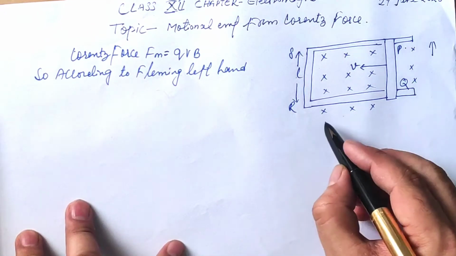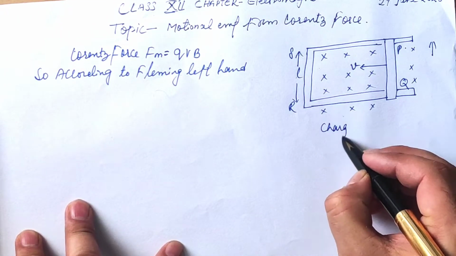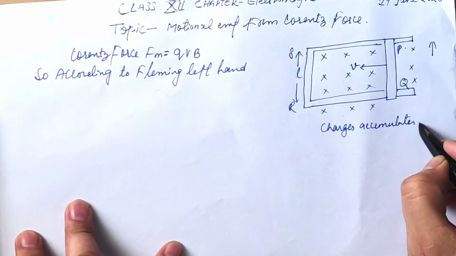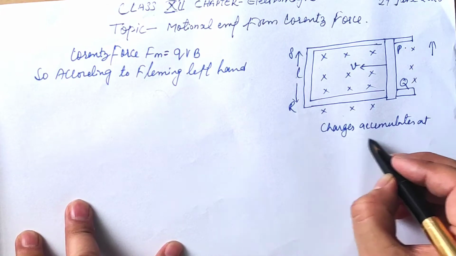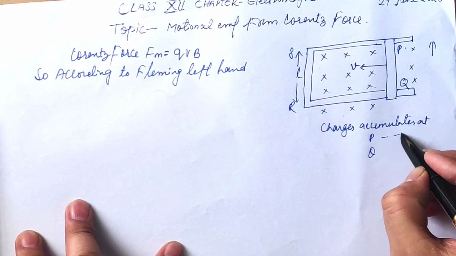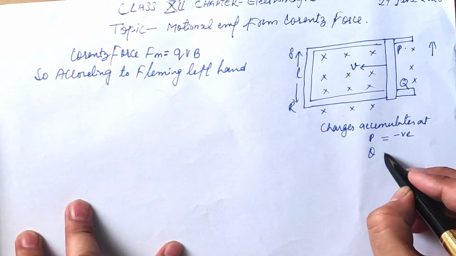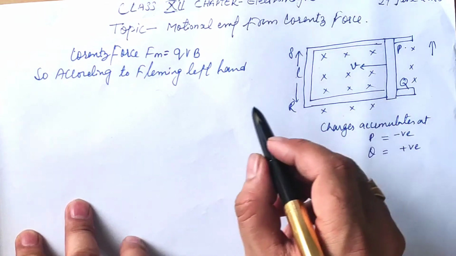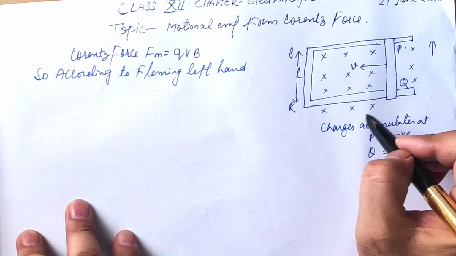So we can write here, charges accumulate at P and Q. At point P negative charges are accumulating, and at point Q positive charges are accumulating. So an electric field is set up in the conductor.